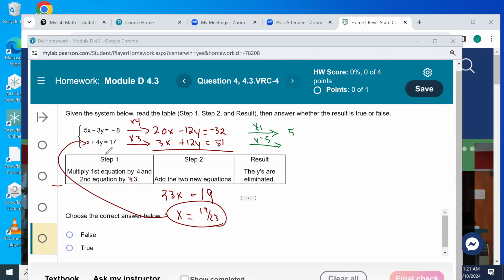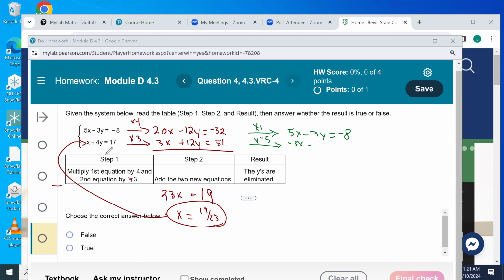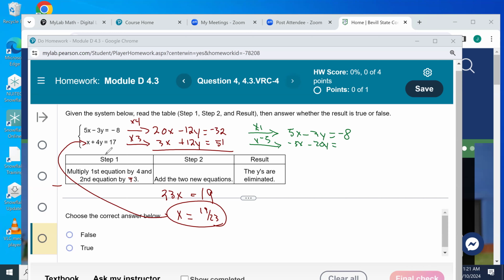I would get 5x minus 3y equals -8, and I would get -5x minus 20y equals 17 times, it'd be like -85.